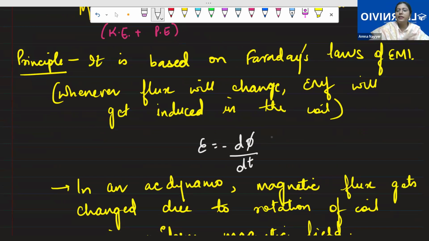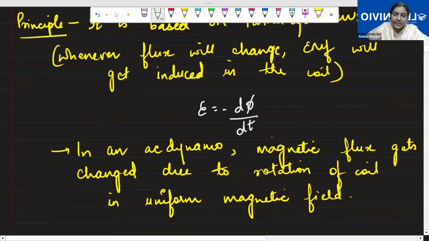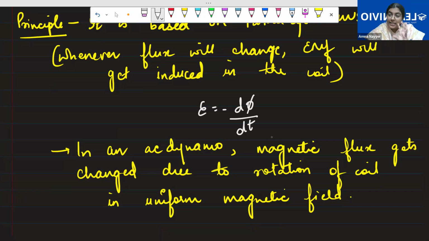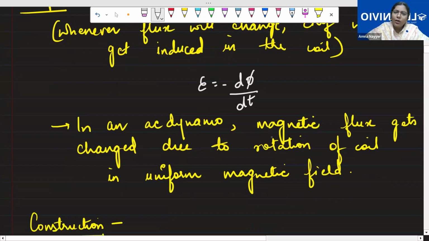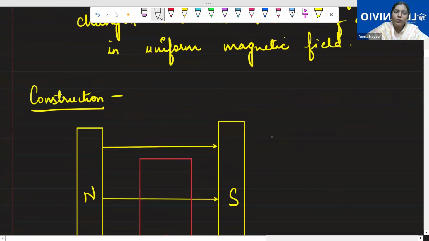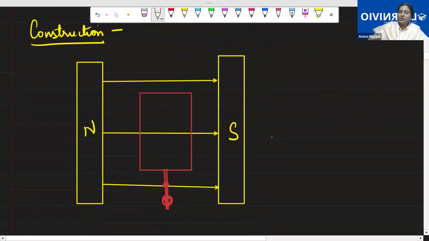This same principle will be applied here as well. In the AC generator, the AC dynamo, the entire magnetic flux gets changed because of the rotation of the coil. That is why we say mechanical energy gets converted into electrical energy. You will be able to relate why and how this happens through its structure. First understand its structure, then we'll come to the formula part and the rest of the things.